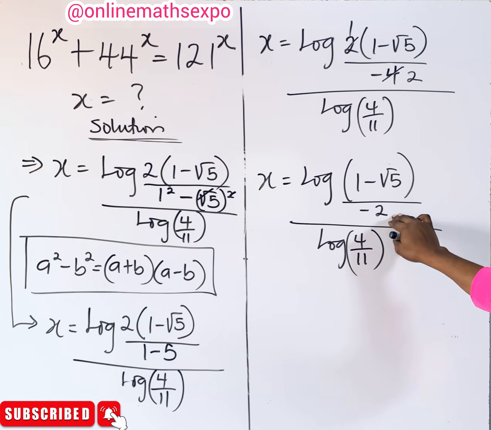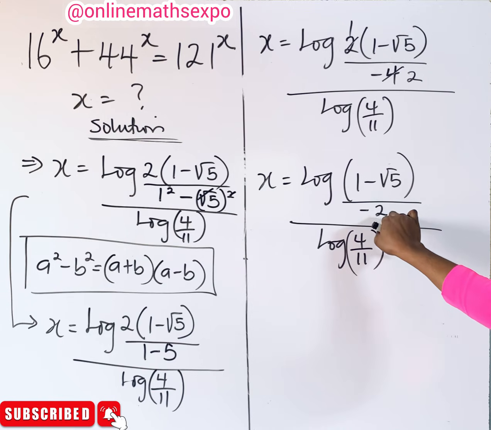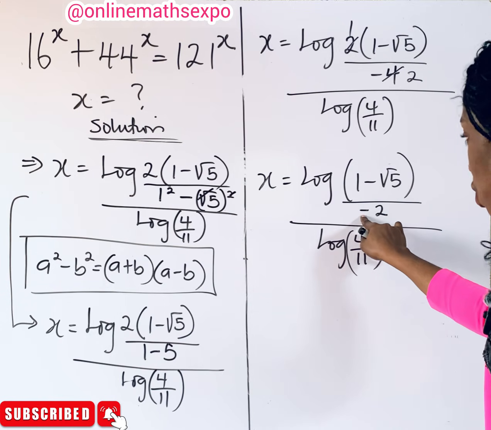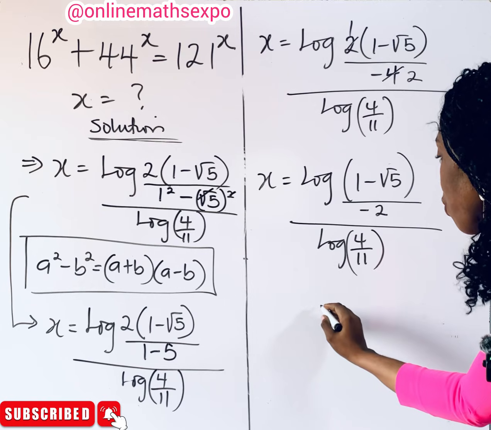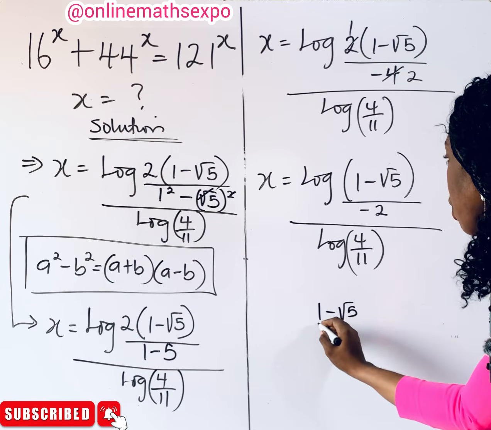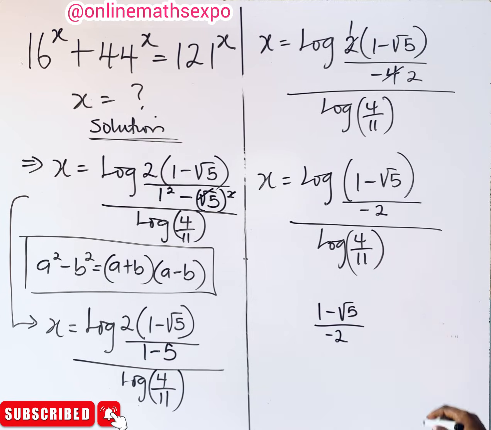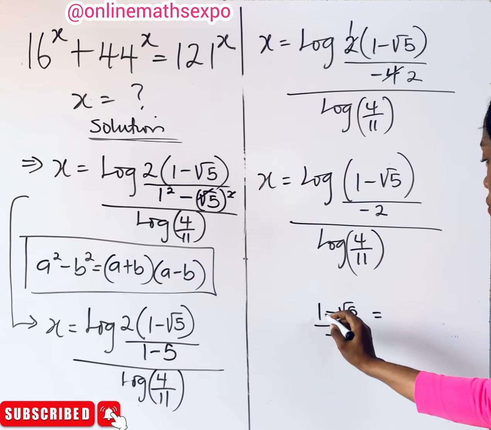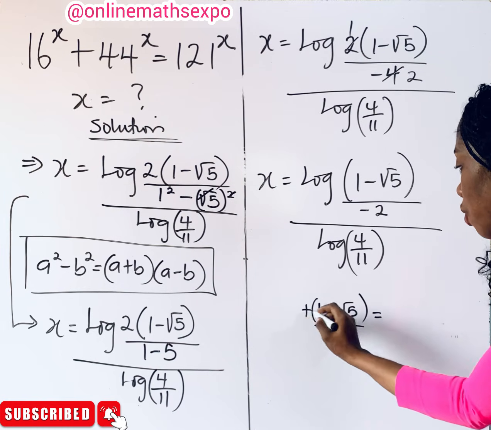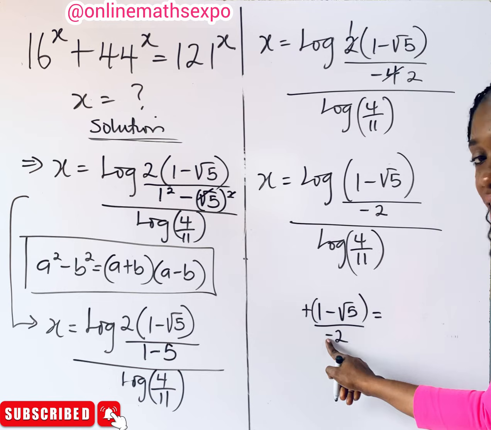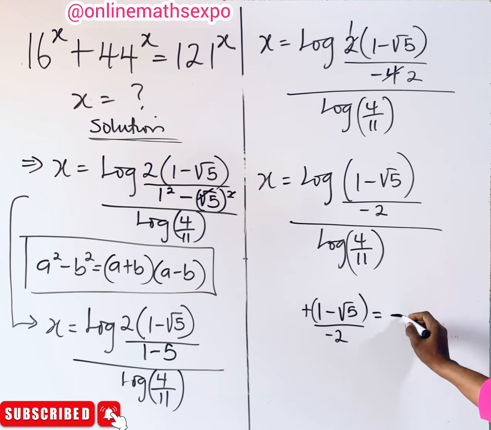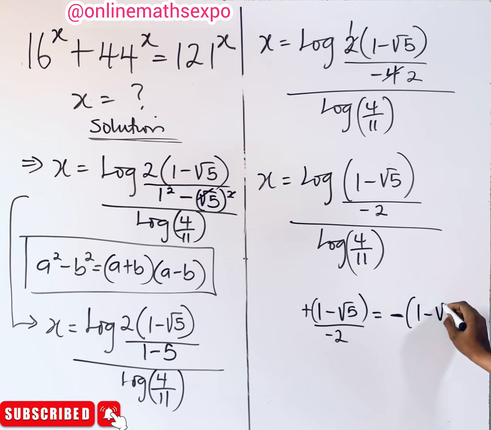So you observe that the denominator does not have any radical. So to simplify again, just remember that if you have 1 minus root 5 divided by negative 2, it is the same as, because what you have here is positive, okay? So, and when positive divides negative is negative. So it's something as negative of 1 minus root 5 divided by 2.